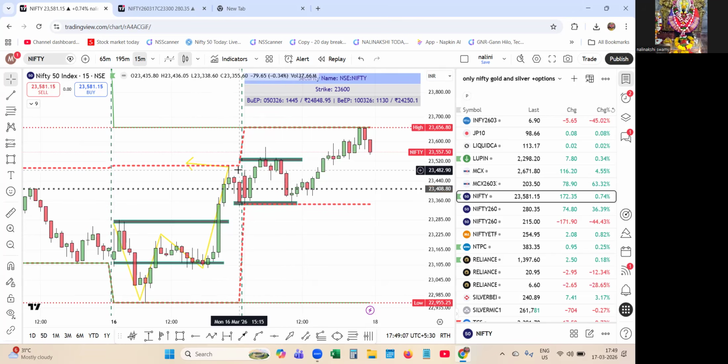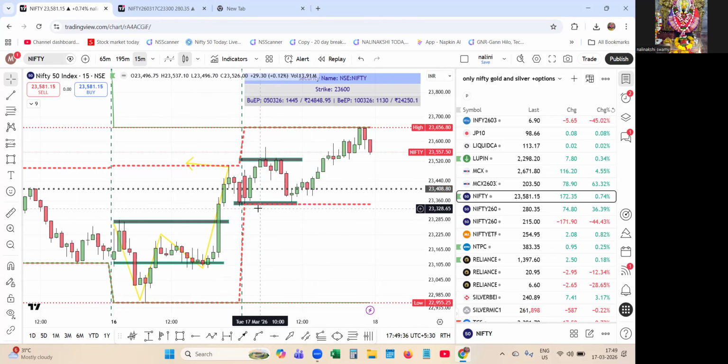The range expansion has taken place and this high and low forms the foundation for today. After that, I don't jump into the trade immediately. I wait for the market to show direction. This is where most traders go wrong. They try to predict, but I prefer to observe first and act later.